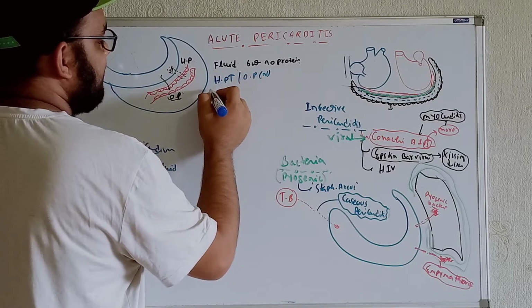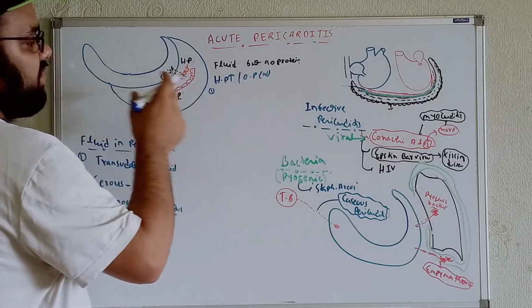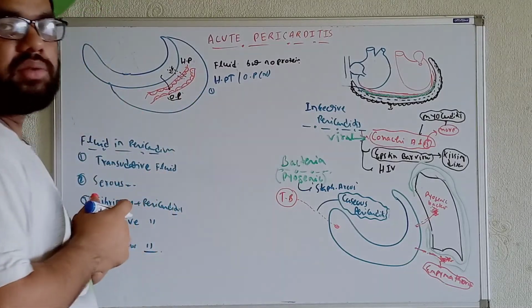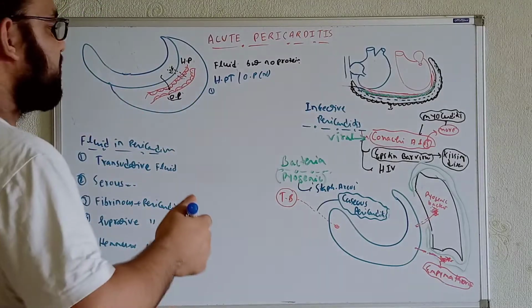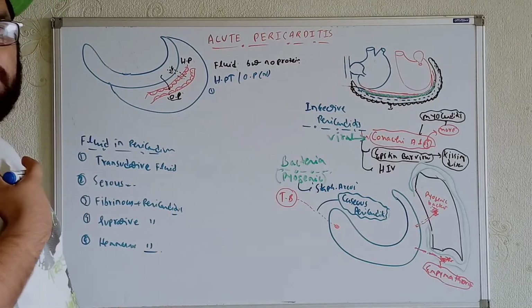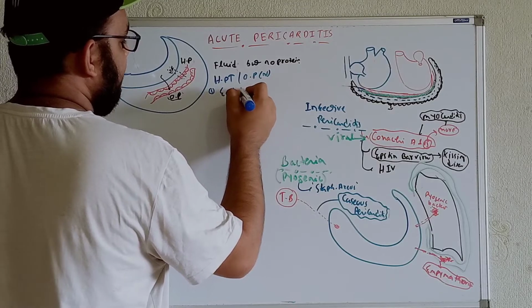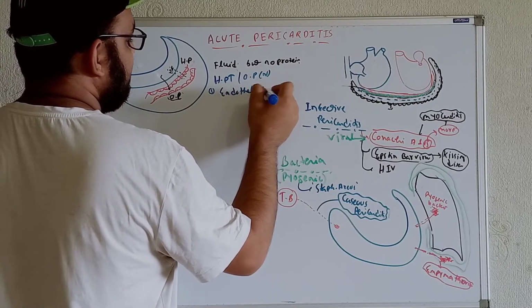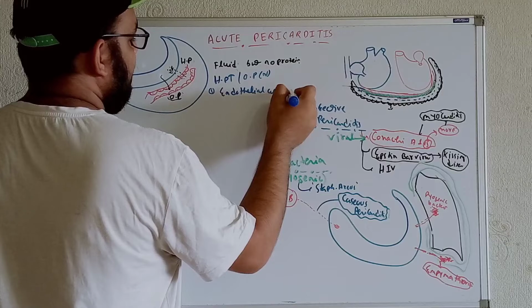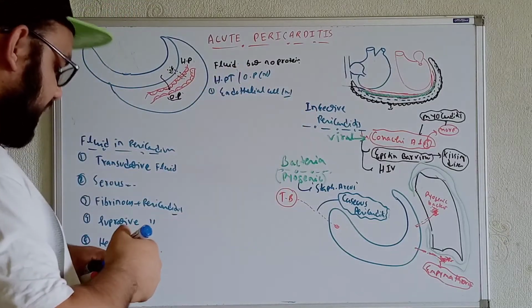In this case the endothelial cells are normal. That means the gap between the endothelial cells is normal, with no significant increase in the interendothelial gap. So here we can write: endothelial cells normal.